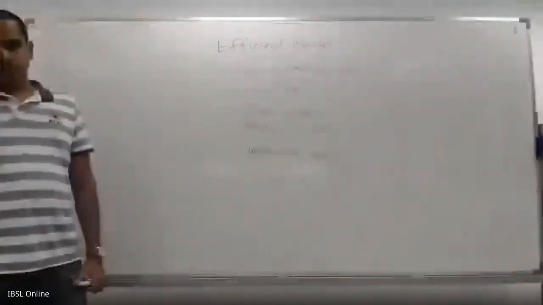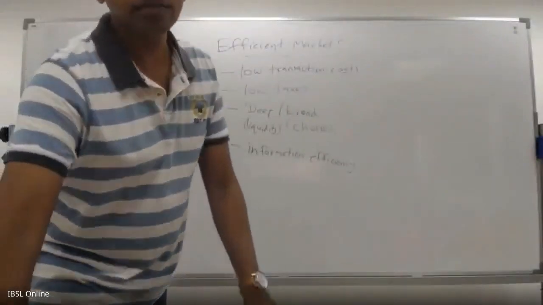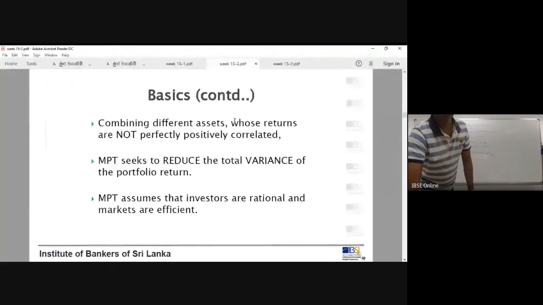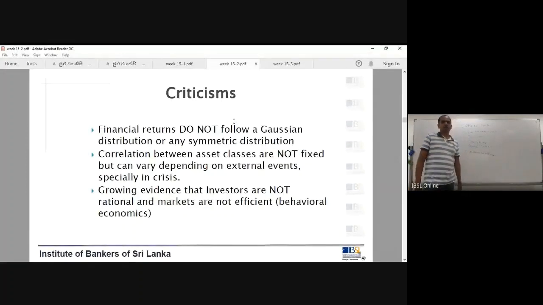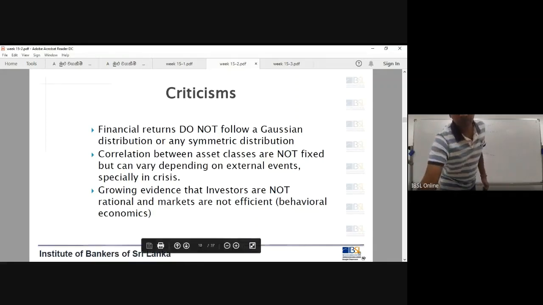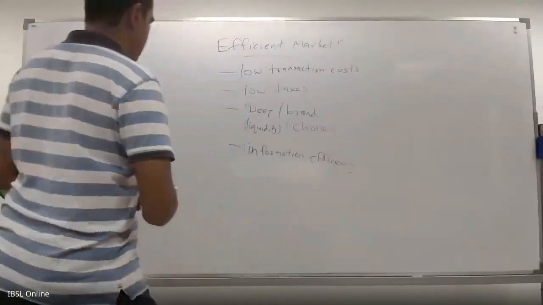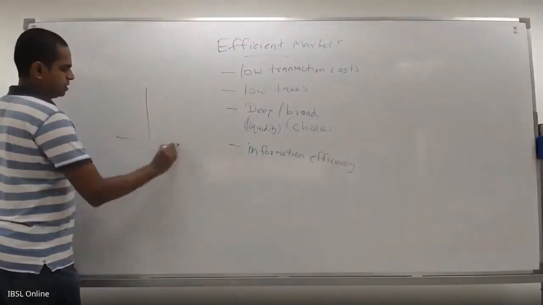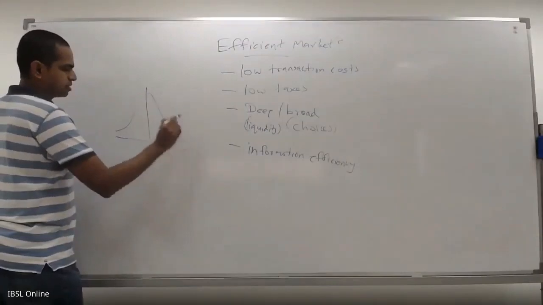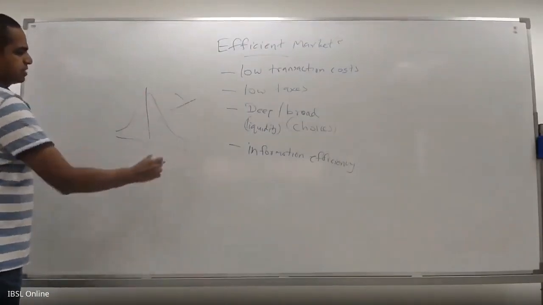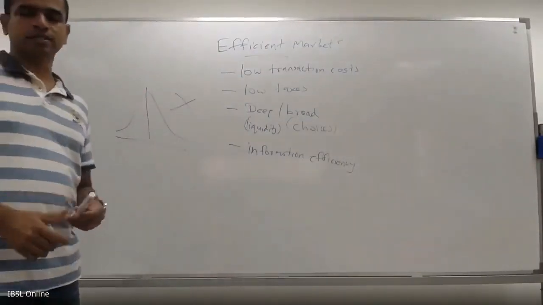Criticisms of modern portfolio theory. Financial returns do not follow a Gaussian distribution or any symmetric distribution, meaning returns are not always a bell curve. It can be different. This is called the Gaussian distribution, which may not be the case. You can have various types of returns.